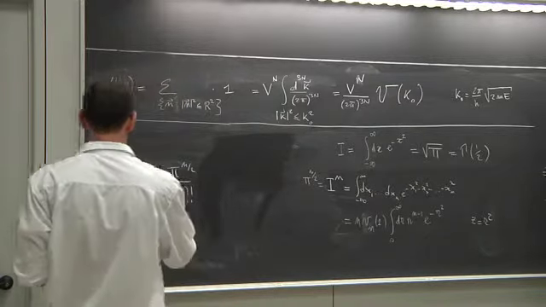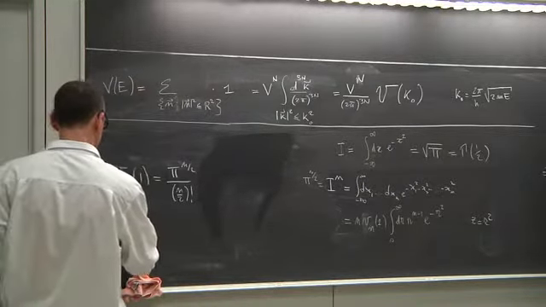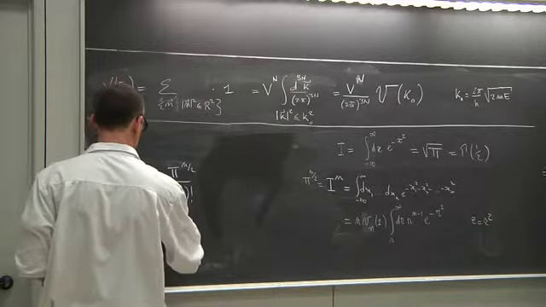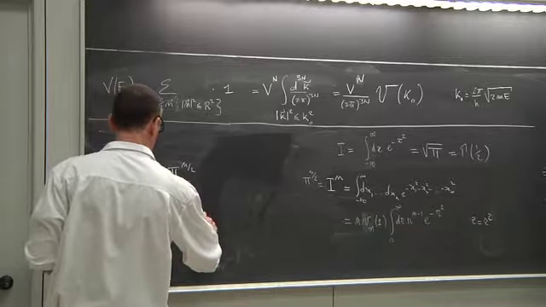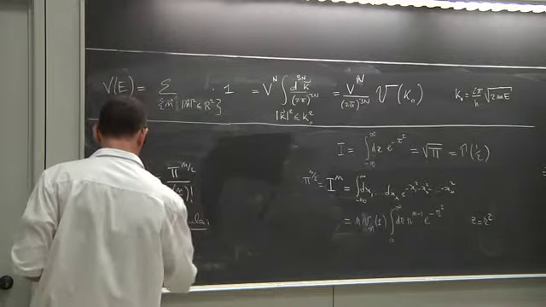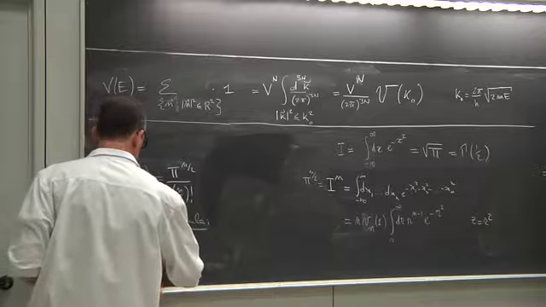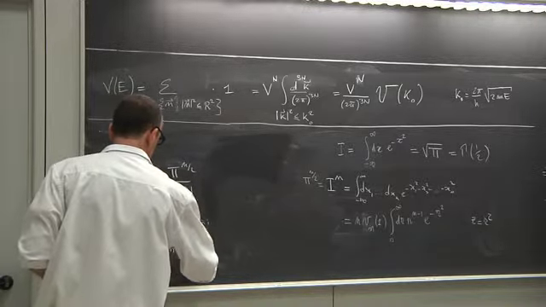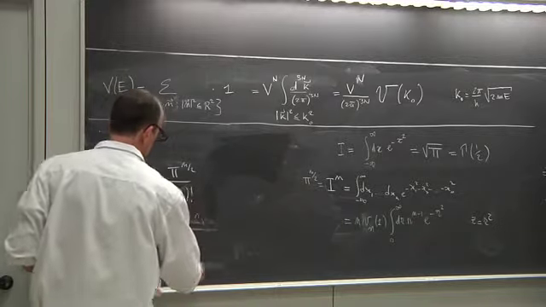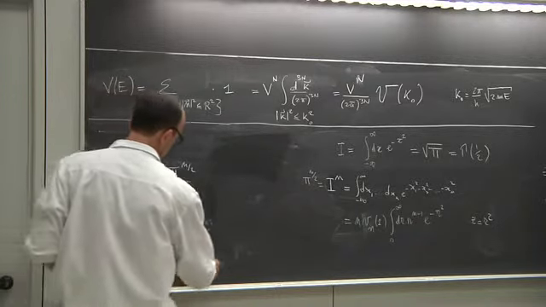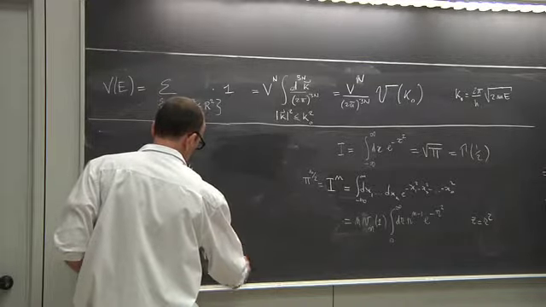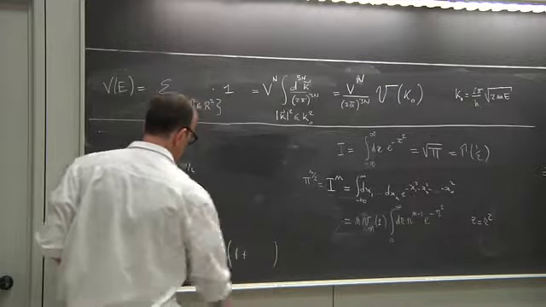So you know Stirling's formula, that n factorial is essentially n to the n e to the minus n times square root 2 pi n times 1 plus, etc., etc., okay?